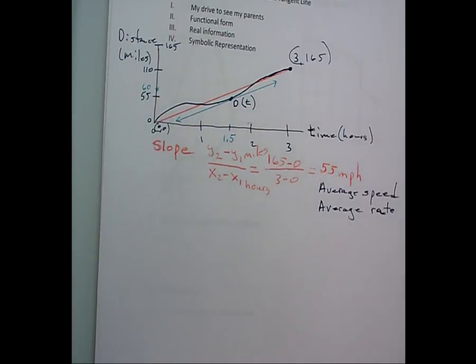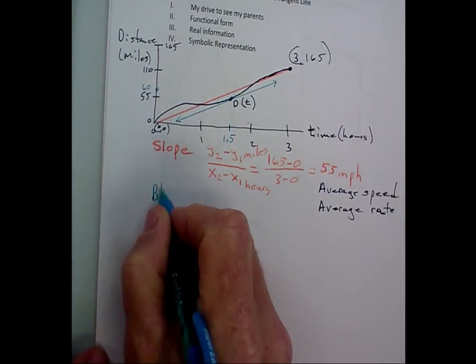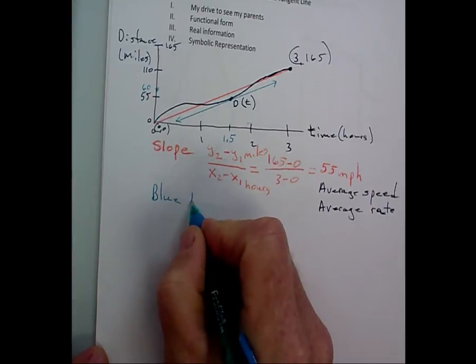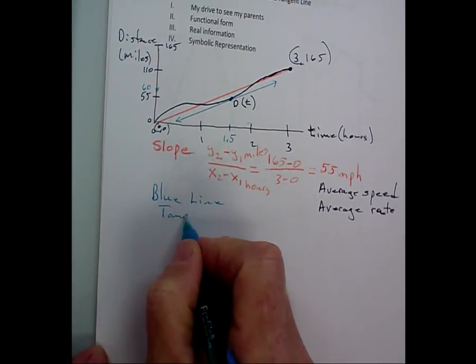What can you tell me about this blue line that I tried so carefully to draw that I actually had to stand up? They'll only ever touch one point on the line. Yeah, this blue line is called a tangent line.